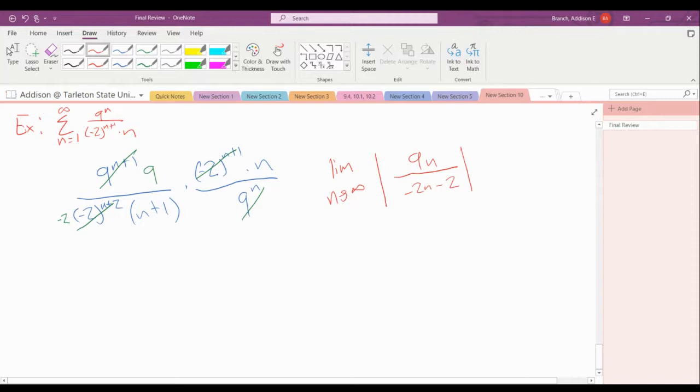Looking at this, we're going to get infinity over infinity. We can do L'Hopital's to get us the limit as n approaches infinity of 9 over negative 2. So 9 over 2, which we know is greater than 1, so therefore this will diverge.